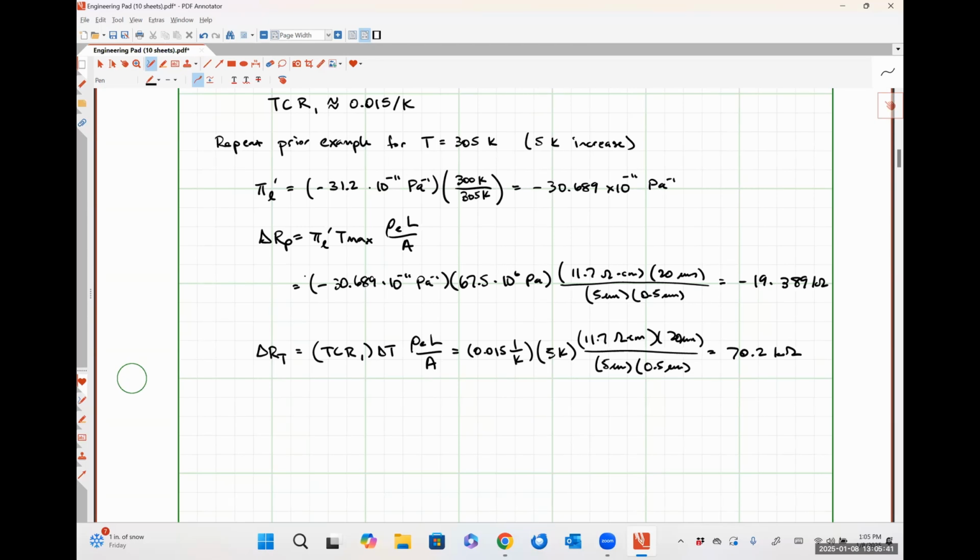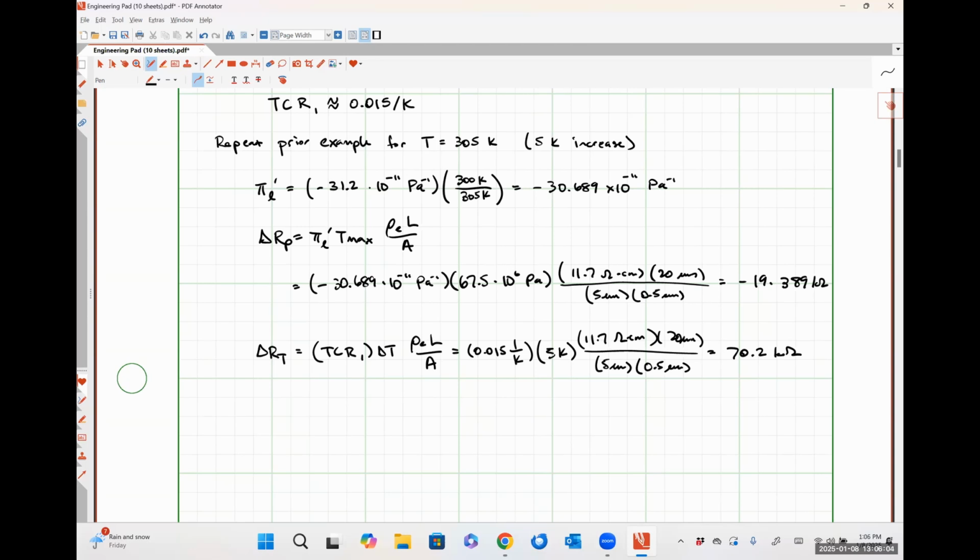So either we have to make sure that our device operates at effectively 300 Kelvin so that we don't see any change in resistance due to the temperature coefficient of resistivity, or we need to find some way to make that term cancel out. Does that make sense? Okay.